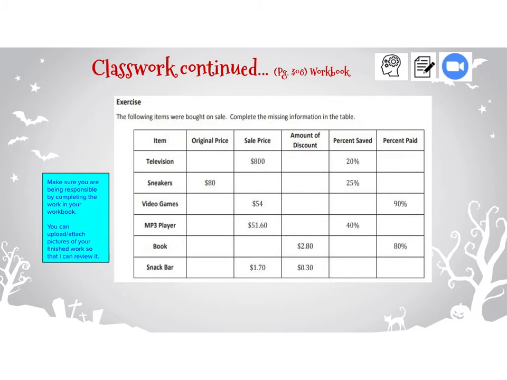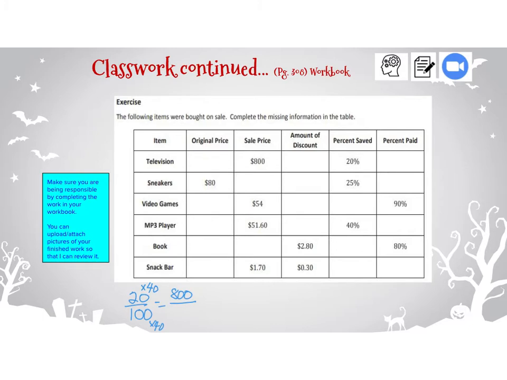If the 20%, 20 over 100, and then the sale price is 800, and I want to know what the original price is. So 20 times what is 800? If I go 4, that's going to be 80, right? So what about another 0? So 20 times 40 is going to give me 800.